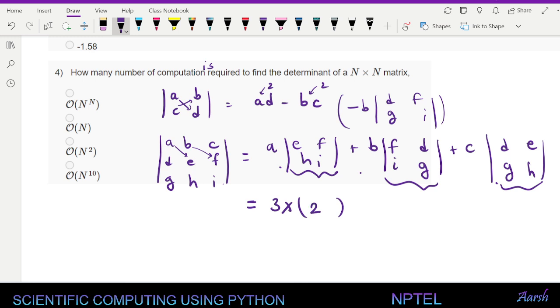right? Order of 2. So I hope you understand this big O notation. Order of n cube, for example, means that for large n, it is cubic. So the most dominant term is the cubic term.